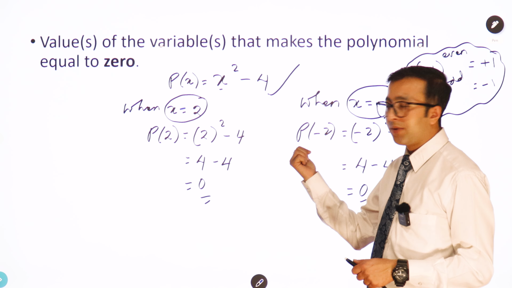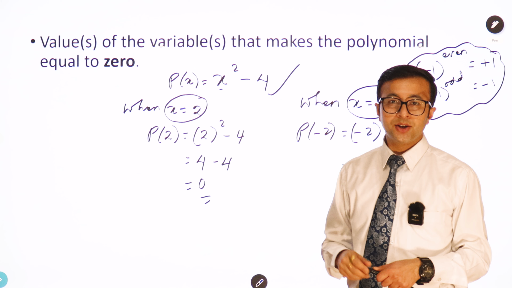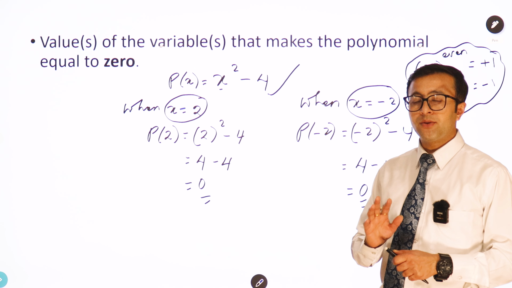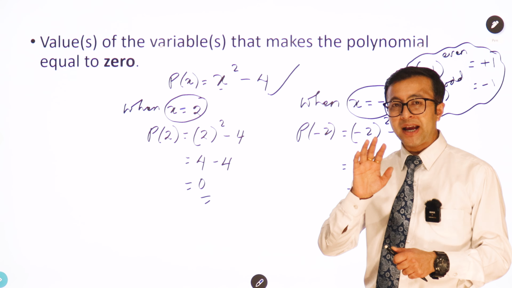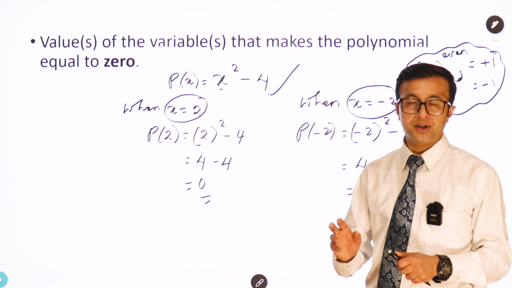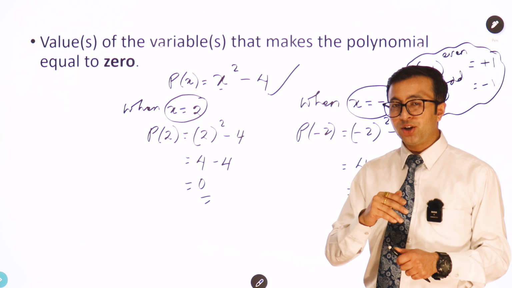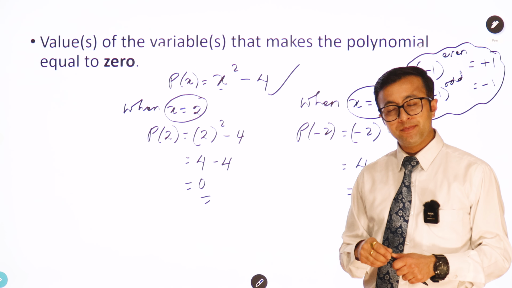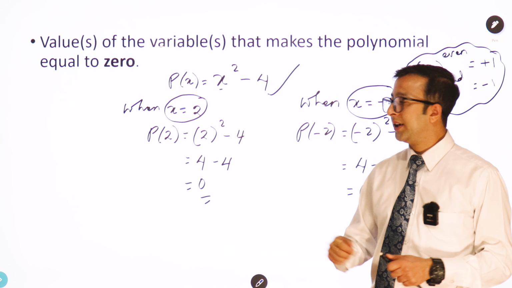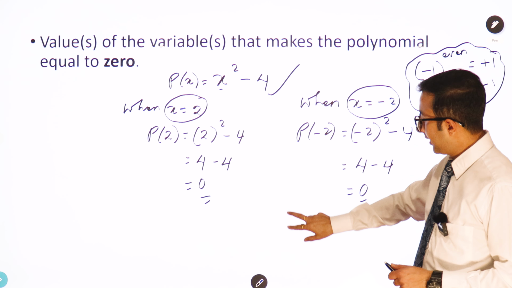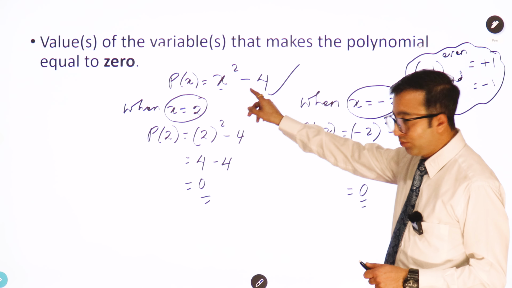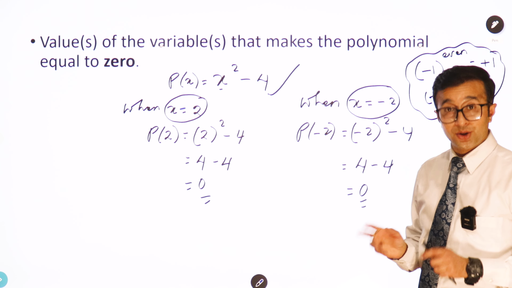But here in a quadratic polynomial, we are getting two zeros. So somewhat we can say that the degree matches the number of zeros. In a linear polynomial, the degree is 1 and the number of zeros is 1. Here in the case of a quadratic, the degree is 2 and the number of roots is also 2.